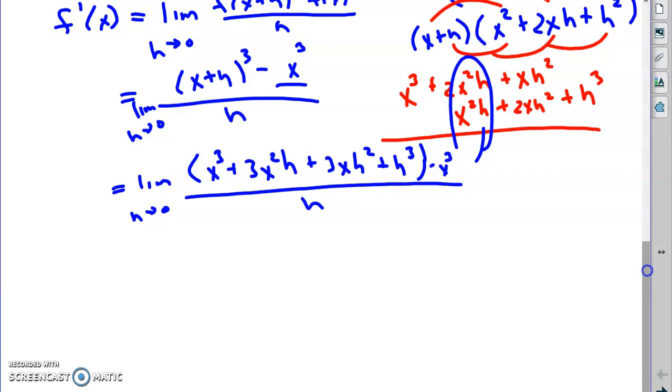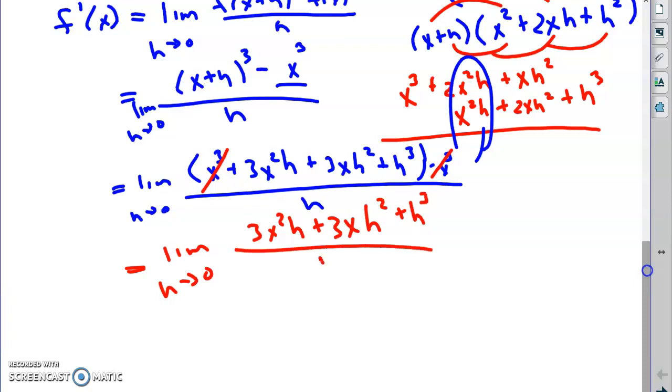Not as much cancels on this one, just the x cubed and the x cubed, leaving me with limit as h approaches 0, showing every step, 3x squared h plus 3xh squared plus h cubed all over h.